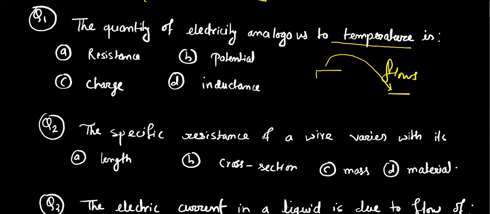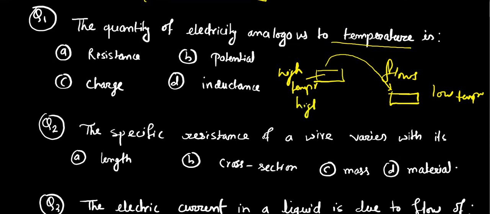In the same way, this is high temperature and this is low temperature. In the same way, we know that high potential and low potential, or simply potential difference, indicates in which direction current will flow.